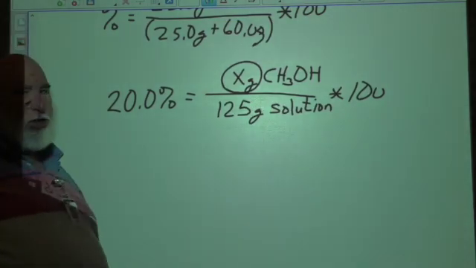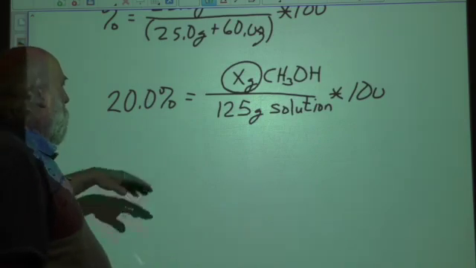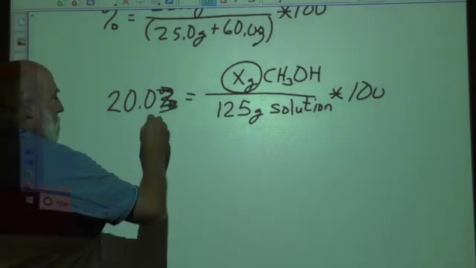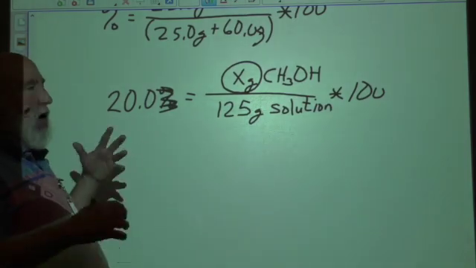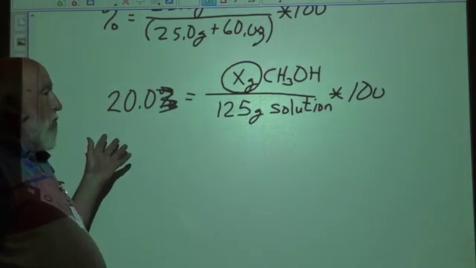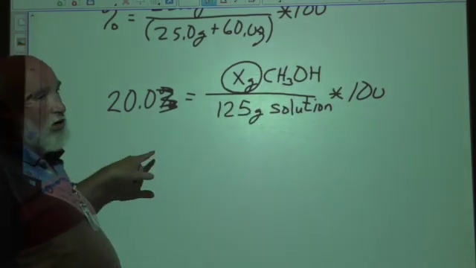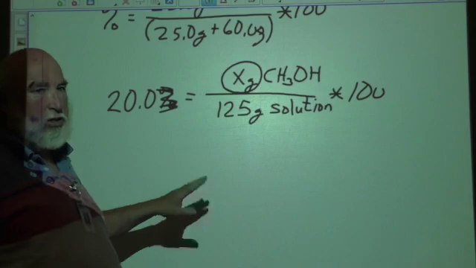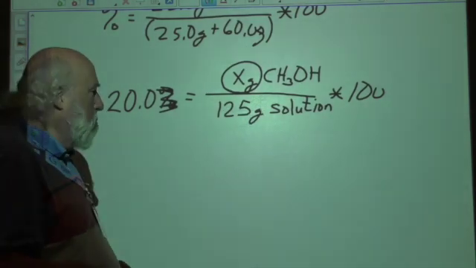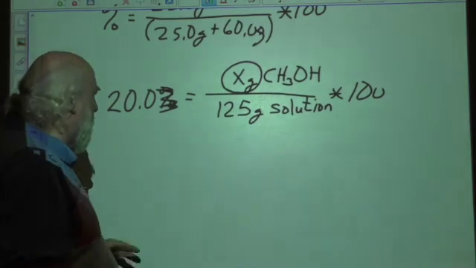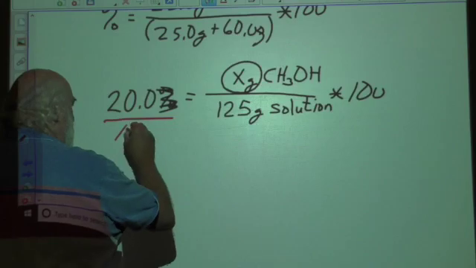Now, I will caution you on one thing here. We're going to eliminate the percent sign just to perform the operation, because some people will have a hard time putting 0.20 there and then dividing by 100. The dividing by 100 changes the percent to a decimal. So I'm just going to get rid of the percent to alleviate any potential misconceptions of how the problem is done. So algebraically, we're dividing both sides by 100.